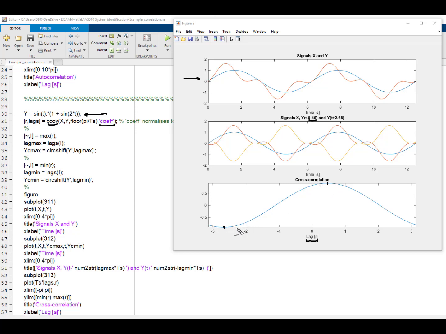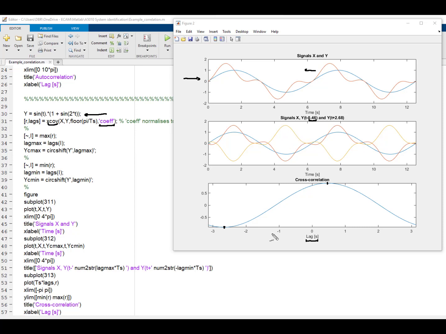So if you now go and have a look at the lag that gives you the minimum cross-correlation, it corresponds to a lag that is negative. So you need to shift the signal to the left by a quantity of minus 2.68, and if you do that, you obtain the signal in yellow.